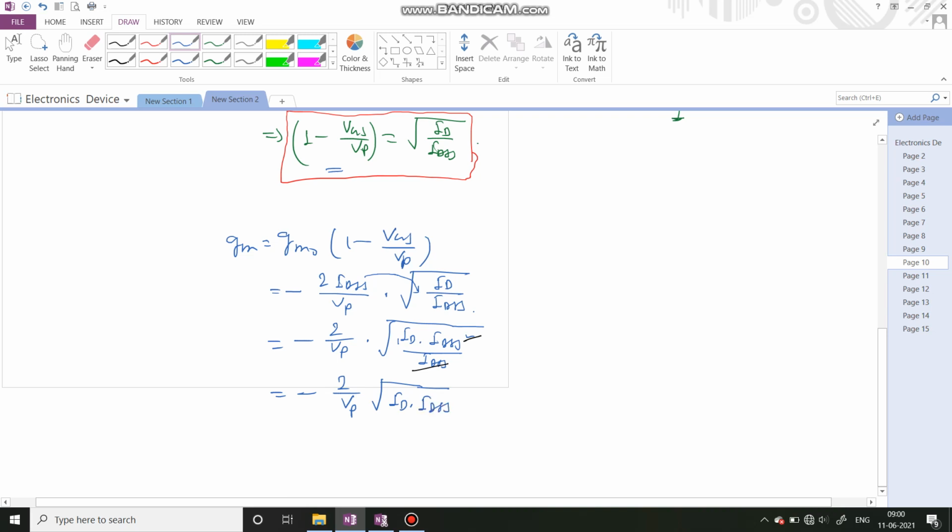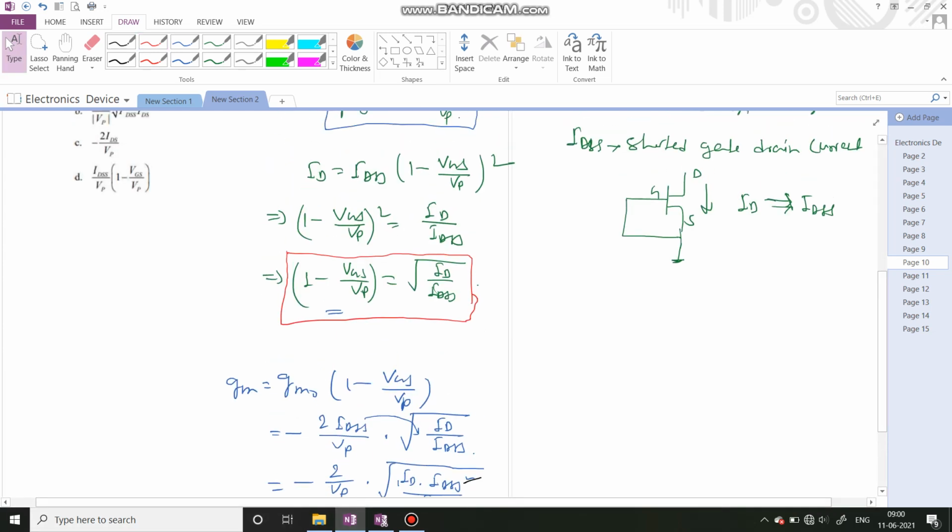Now we take the mod value of VP, since the negative sign is for the negative pinch off voltage. So it will be plus 2 by mod VP root over ID into IDSS. This is the value of transconductance of JFET.